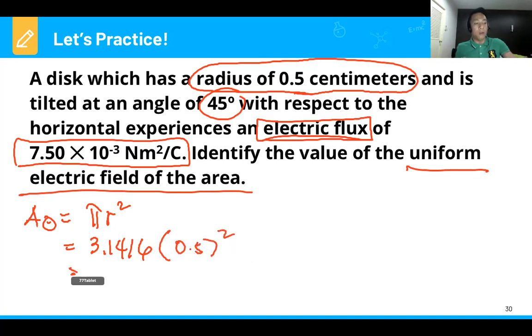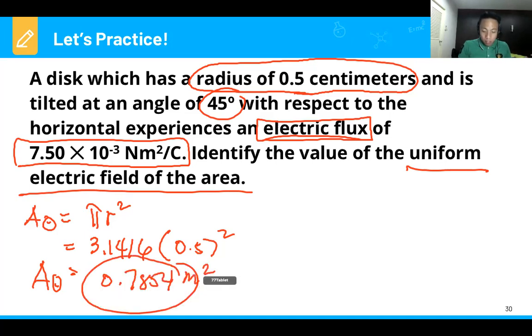So if we do that in our calculator, we have the area of the circle or the plate: 3.1416 multiplied by 0.5 squared. Ayan, equals, we have 0.7854 centimeters squared.